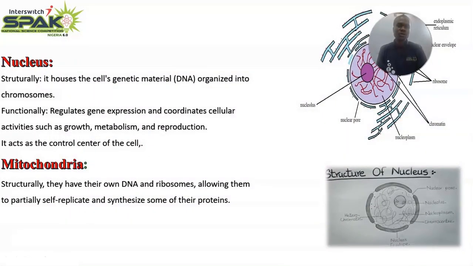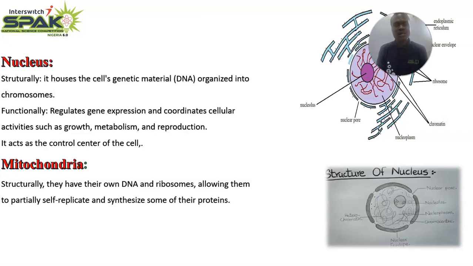Now, the nucleus is the organelle that houses the genetic material of the cell. The chromosomes are present inside the nucleus, and the chromosome is made up of DNA. On the DNA, you have different genes that code for a particular protein. The nucleus regulates gene expression.